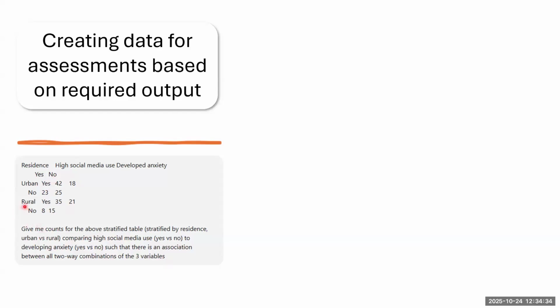And this is copying straight from a table in Word. So you can see that the table doesn't quite come out, but ChatGPT is able to distinguish where these counts sort of correspond. And then I asked it specifically if I'm stratifying by one of the particular variables to create a two-way table, then to give me cell counts such that there are significant associations between all two-way combinations of these 3 variables.